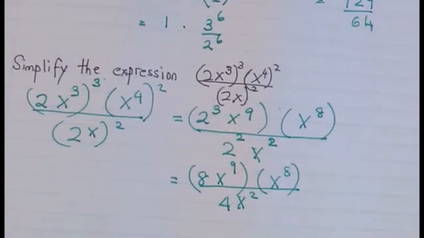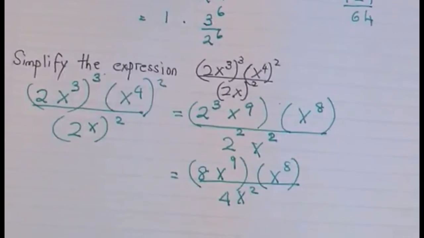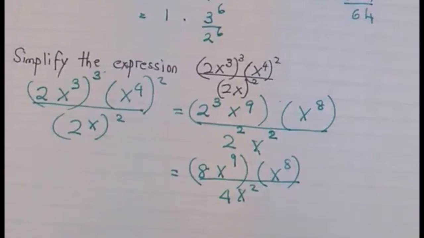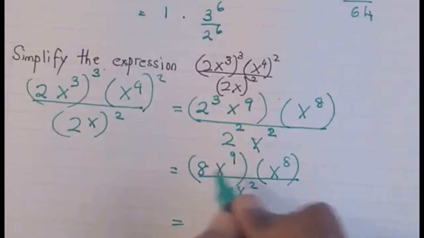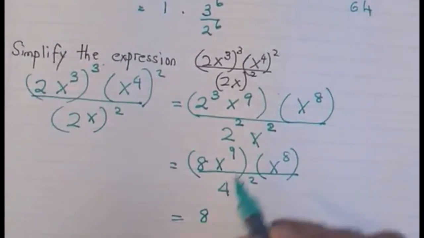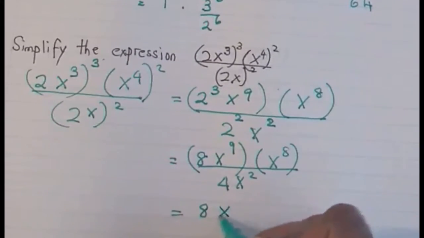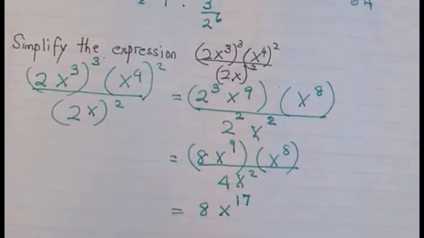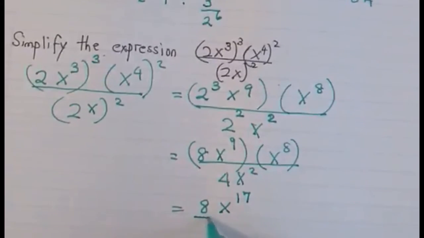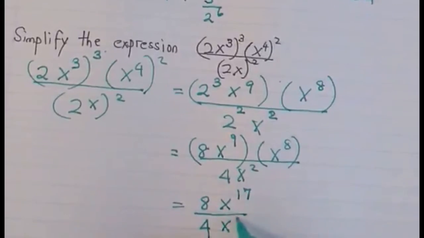You have to remember the exponent rules. When the same base is multiplied, the exponents are added. So we have 8 as the constant, and x to the 9 and x to the 8, when multiplied, is going to be x to the 17, because 9 plus 8 is 17. And what do we have in the denominator? 4x squared.